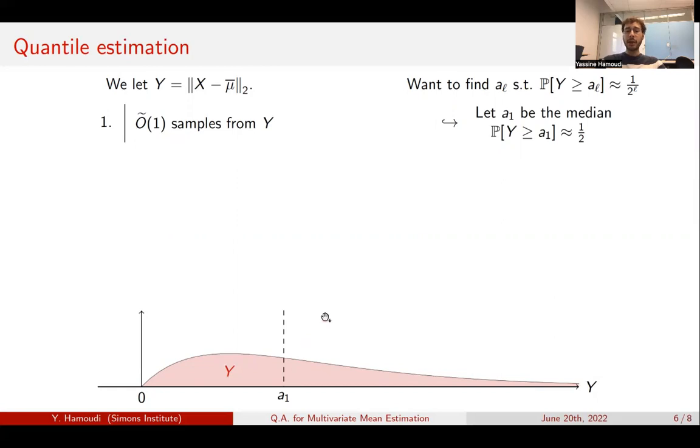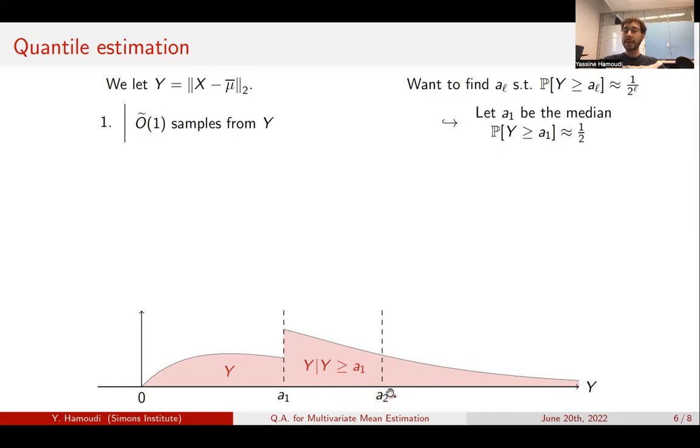And then for estimating the next quantile value, A2, which must be at about 3/4 of the distribution, we can do it in the following way. We can consider the renormalized distribution of y, conditioned on being larger than A1. And the median of this new renormalized distribution will be close to A2.